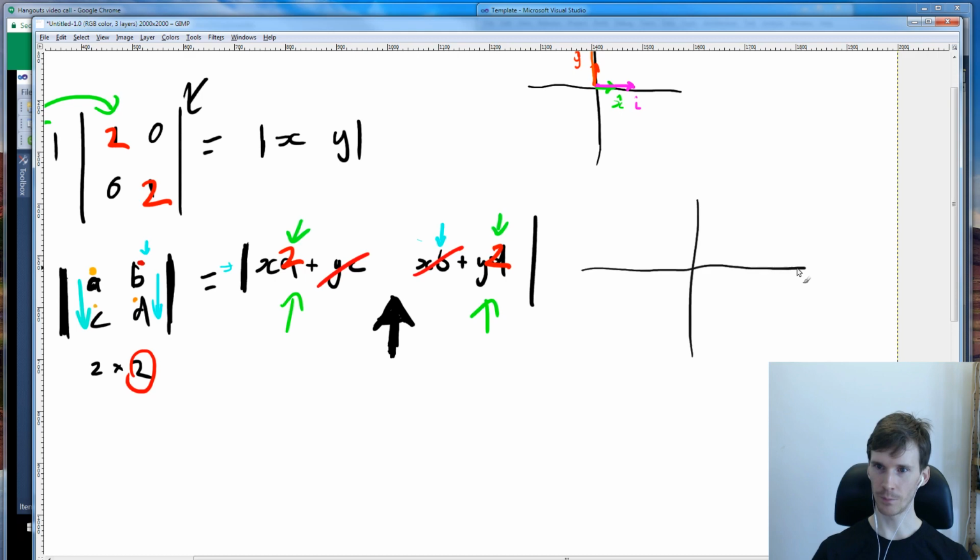But what you can do is, if you have a vector like this, and I have to draw this quite carefully. There's x, and that's y, and let's say our vector's here. What you find is it's 1 on x and 2 on y, so it's the vector 1, 2.